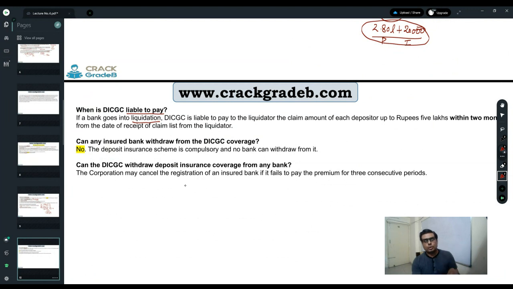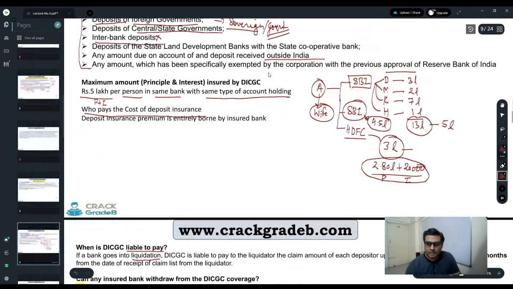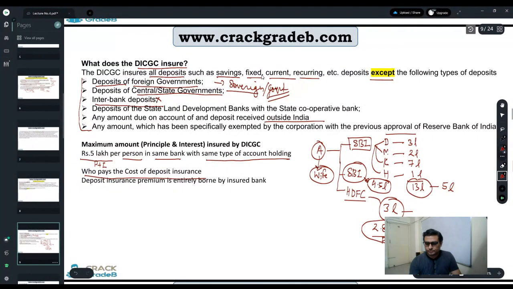This amount is paid by DICGC to the bank, and the bank pays it to the persons who deposited their money. In this case he has deposited 13 lakh. God forbid it should happen, but if something does, how much is he going to get? Only 5 lakh, right?